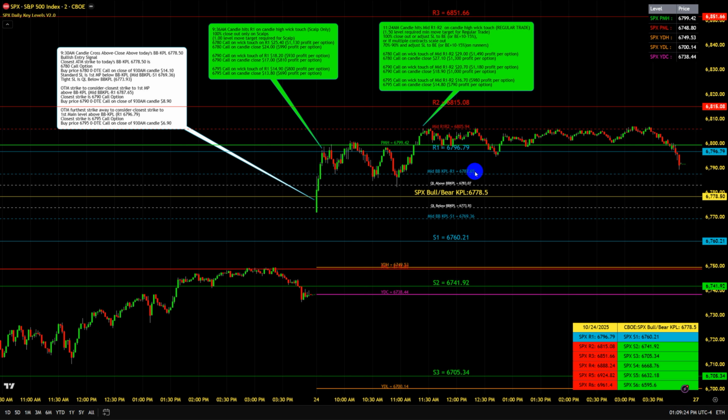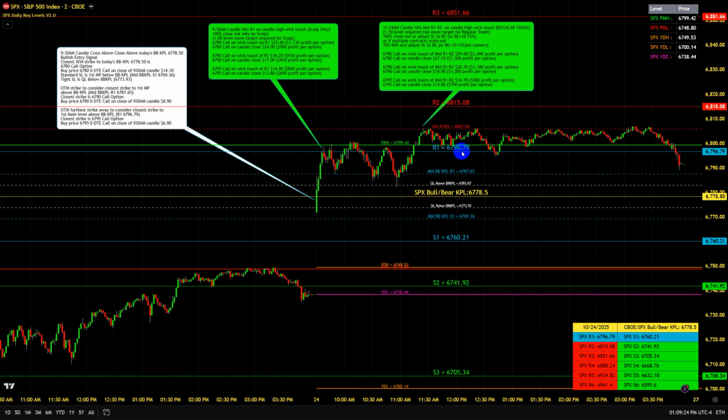So the closest strike to this level is going to be the 67.90 strike. So on the bullish trade, the first out of the money option that you could consider using would be the first midpoint level above the level you're trading. In this case, it's this level here, since we're trading this level, 67.8765. The closest strike is the 67.90 call option.